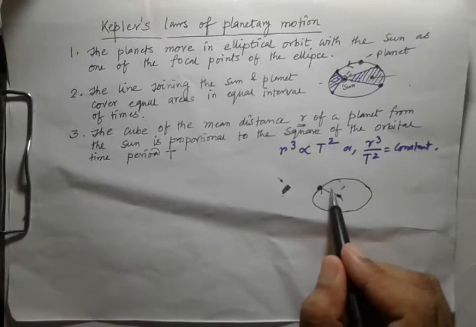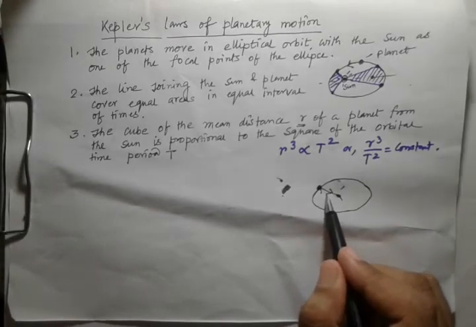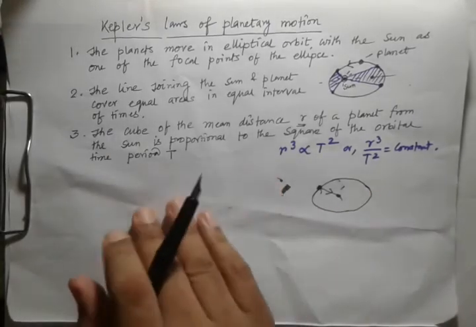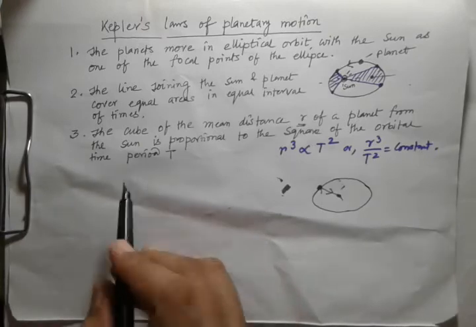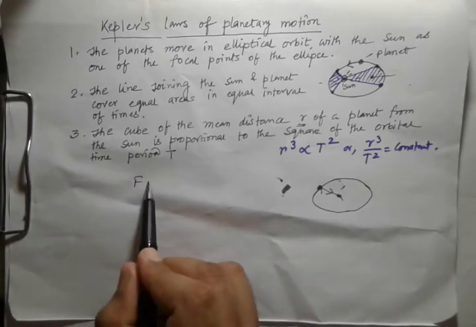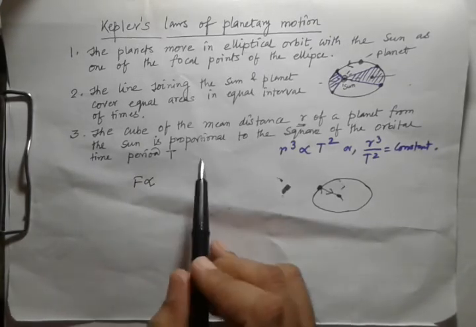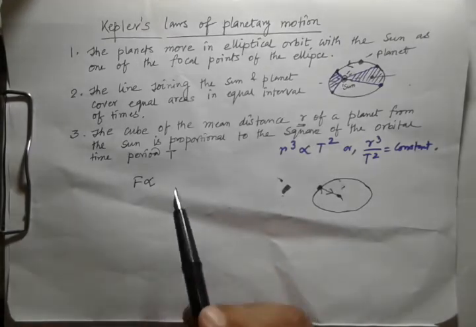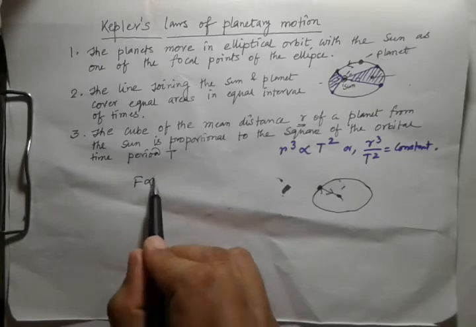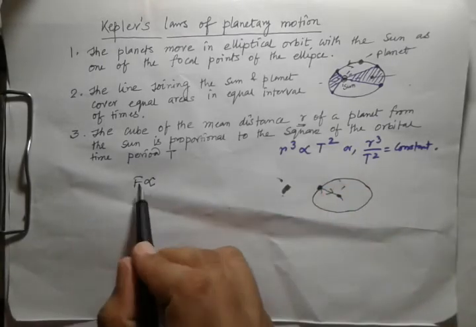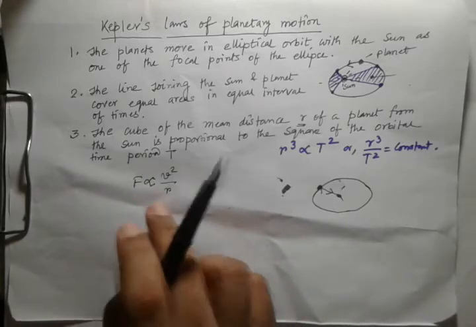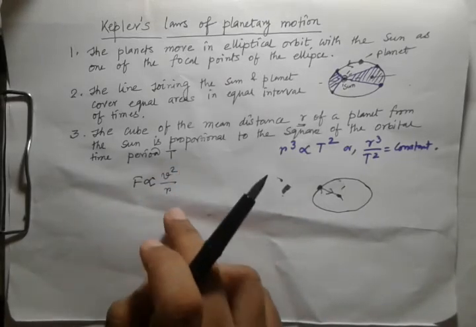The force which works towards the center is known as the centripetal force, which you already know. The formula of the centripetal force is F equal to mv square by r. Mass is constant for the stone, so you write F is directly proportional to v square by r.